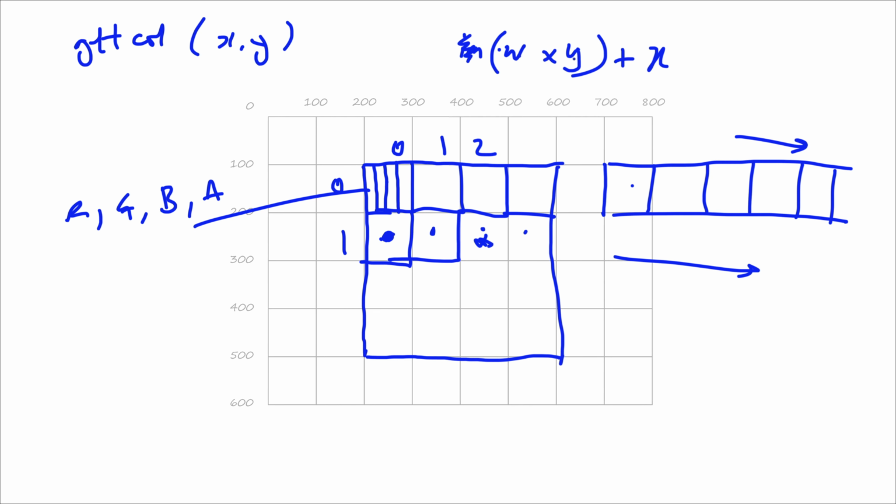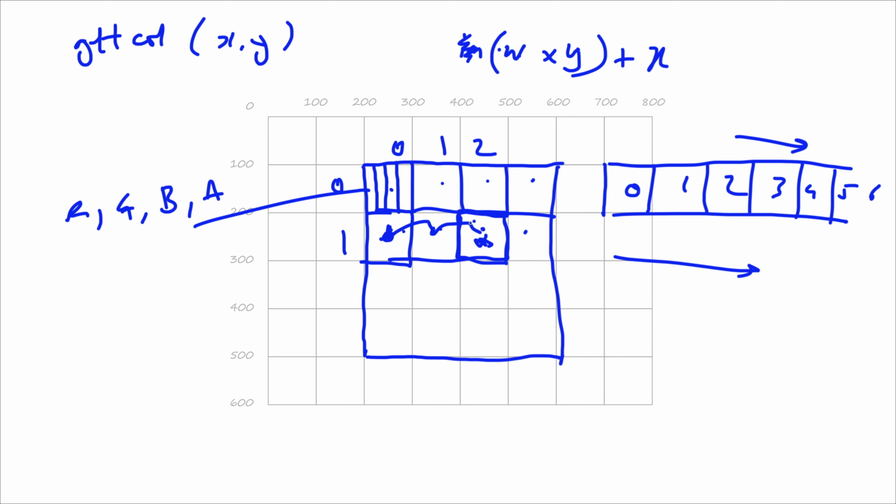So Y is 1, 4 times 1 is 4, which gets us here, plus X, which is 2. So that's 4 plus 2 is 6. 0, 1, 2, 3, 4, 5, 6. That's index 6, which is the 7th cell.